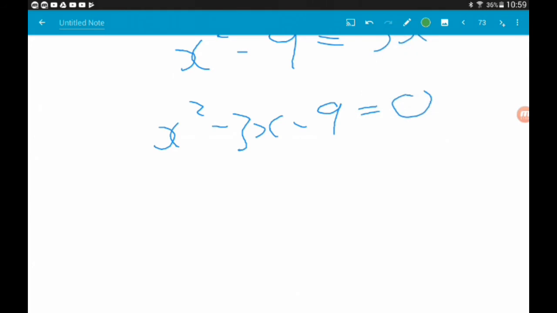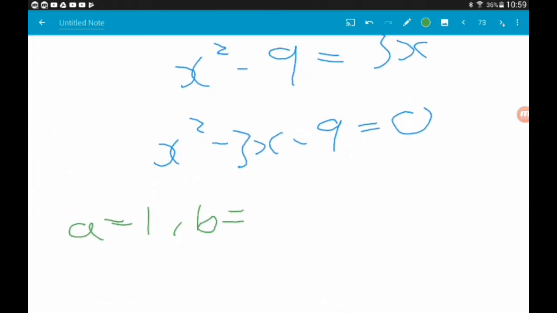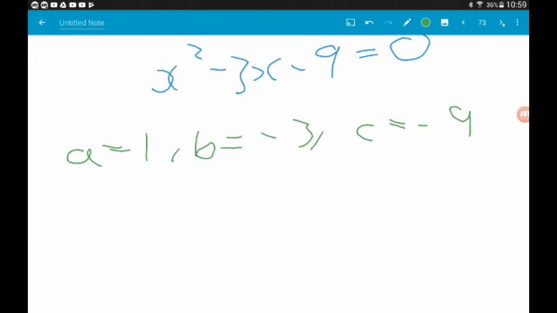We've got a is 1, b is minus 3, and c is minus 9. So using the formula, we've got x equals minus b, so that's positive 3, plus or minus the square root of b squared minus 4ac. Well, actually we just worked out the discriminant.